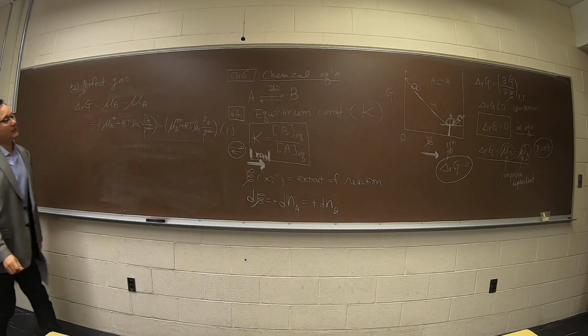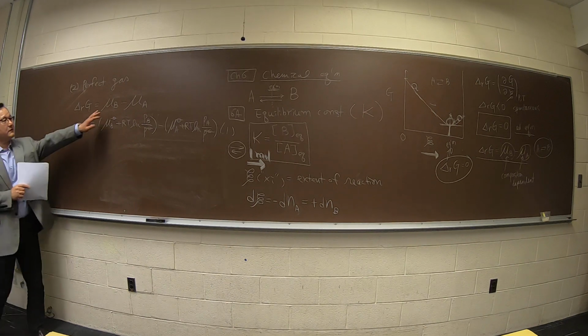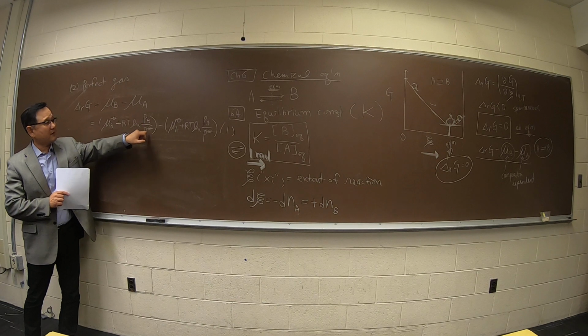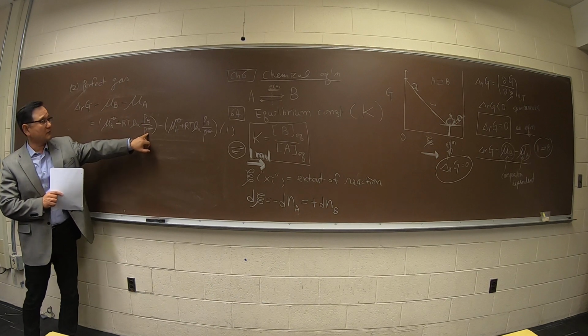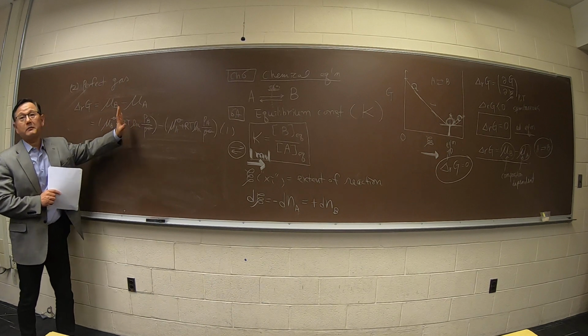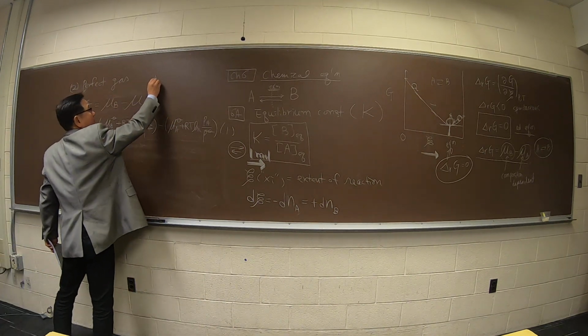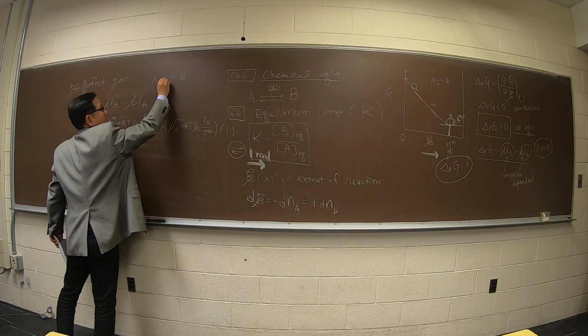So this is what we learned before. Each one, in terms of chemical potential, has its partial pressure divided by the standard pressure, which is 1 bar. This is just a generic format for when we are dealing with this case.